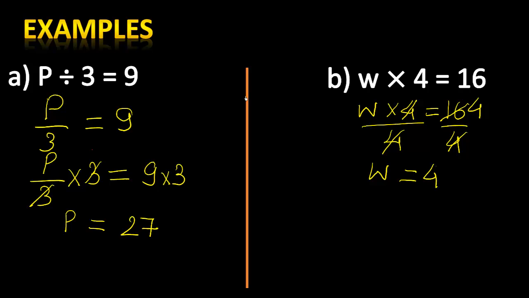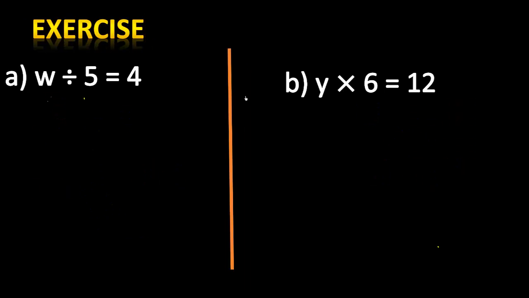Now let's do a few exercises. Our first exercise is w divided by 5 is equal to 4. So the first step would be to write the equation once more. We'd write it like this: w by 5 is equal to 4.